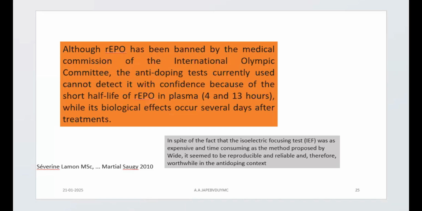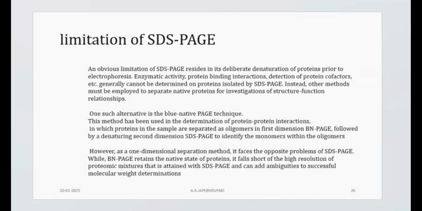It is banned by the Medical Commission of the International Olympic Committee. The anti-doping tests currently used cannot detect it with a high degree of efficiency or confidence, because this rEPO contained in the plasma remains for 4 to 13 hours, and the biological effects occur several days after the treatment.